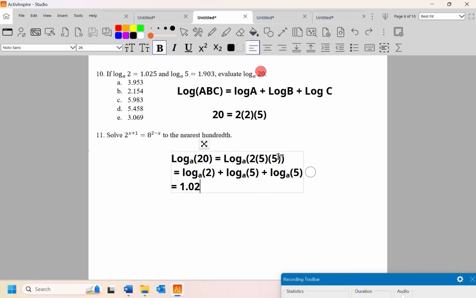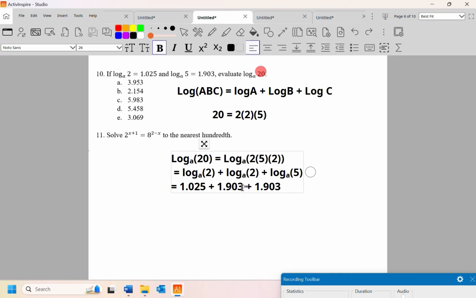So it's going to be 1.025 plus 1.903, plus another 1.903, and I just add these things together. Well, I don't know why I wrote 2 times 5 times 5. It's 2 times... Man, there we go. I need a 2 there.